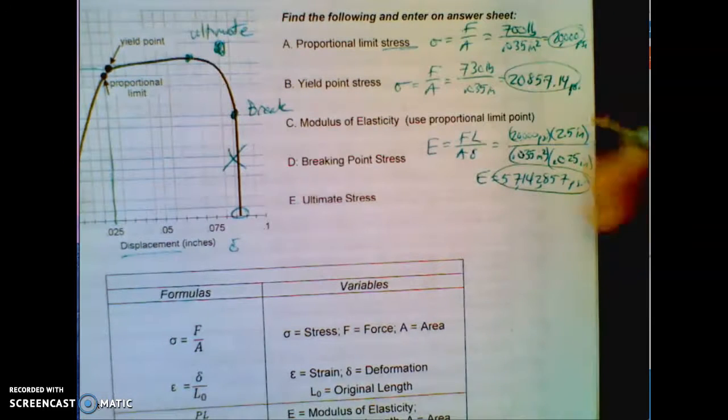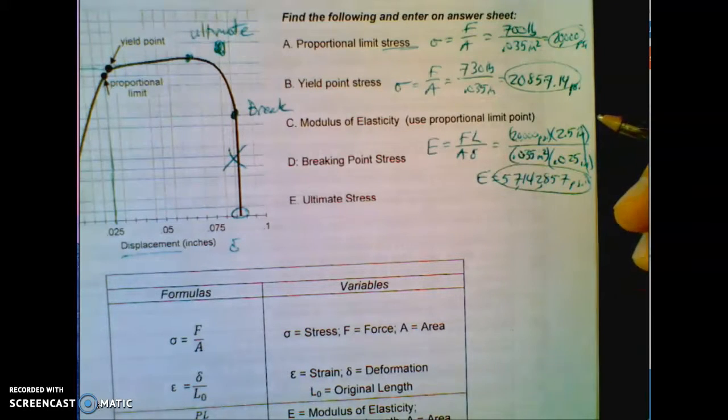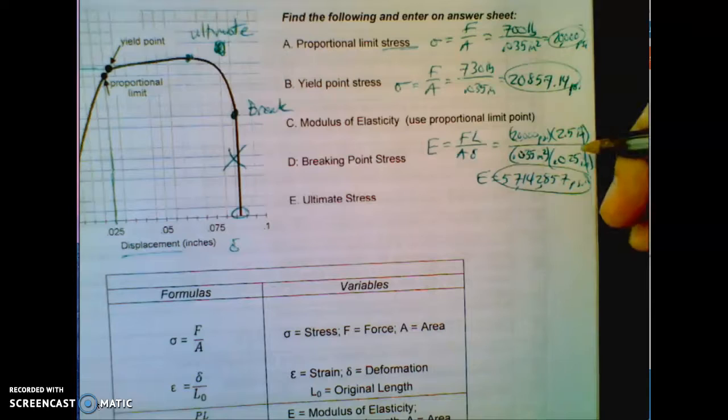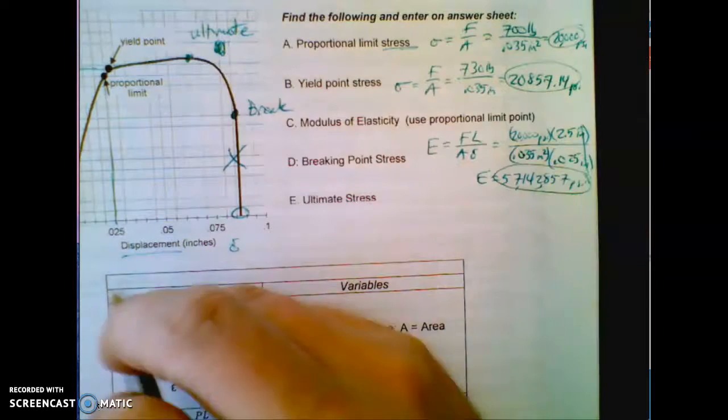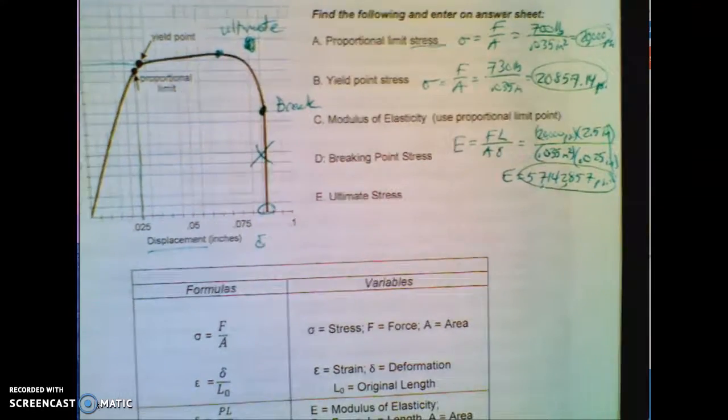The units cancel out. And yeah, so that's pretty much where we landed with modulus of elasticity. Oh wait, that was inches over inches. Either way, we got there.